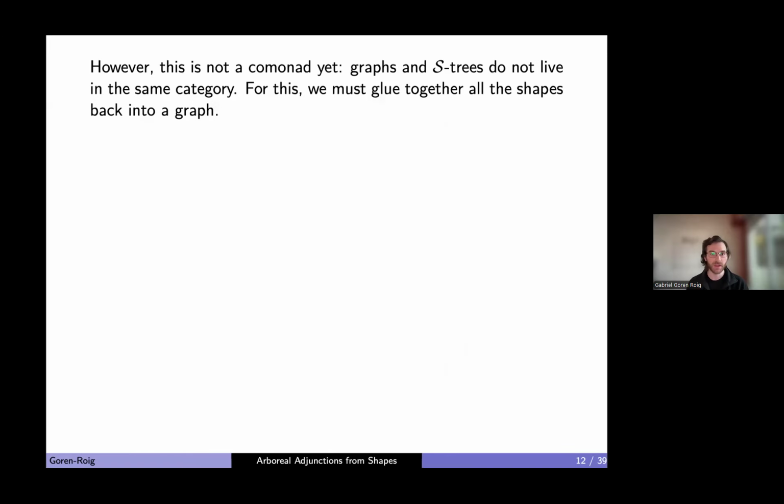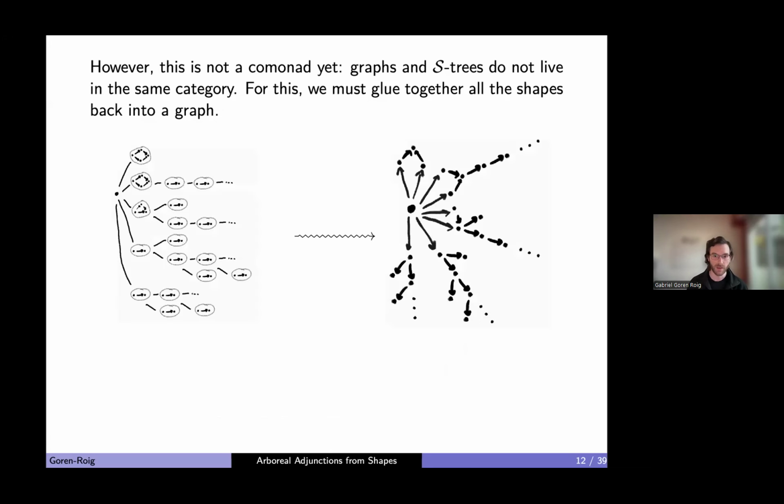Okay, that looks interesting. But we want to reproduce the whole thing, and this is not a comonad in the obvious sense, in that we started from a graph and then we produced this tree labeled with graphs. So to obtain an object in the original category that we started with, there's an extra step that has to be taken, which is to glue together all the shapes.